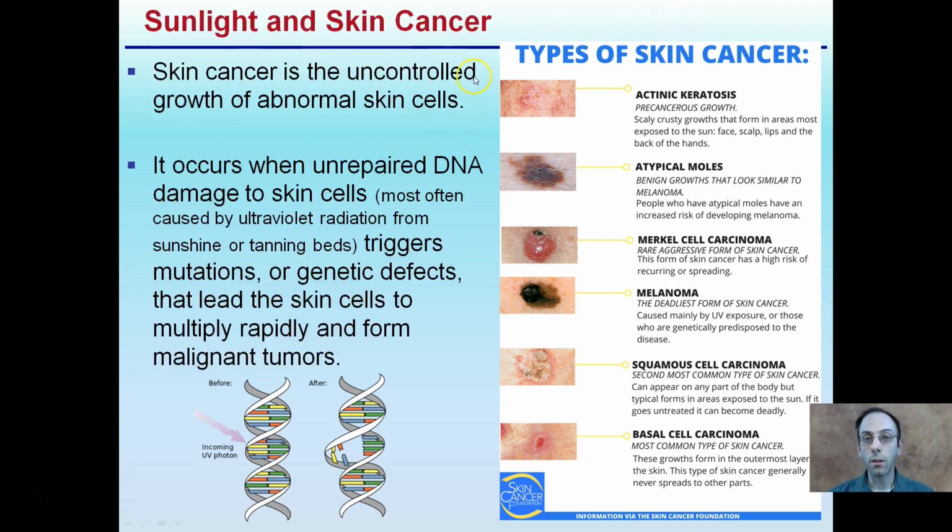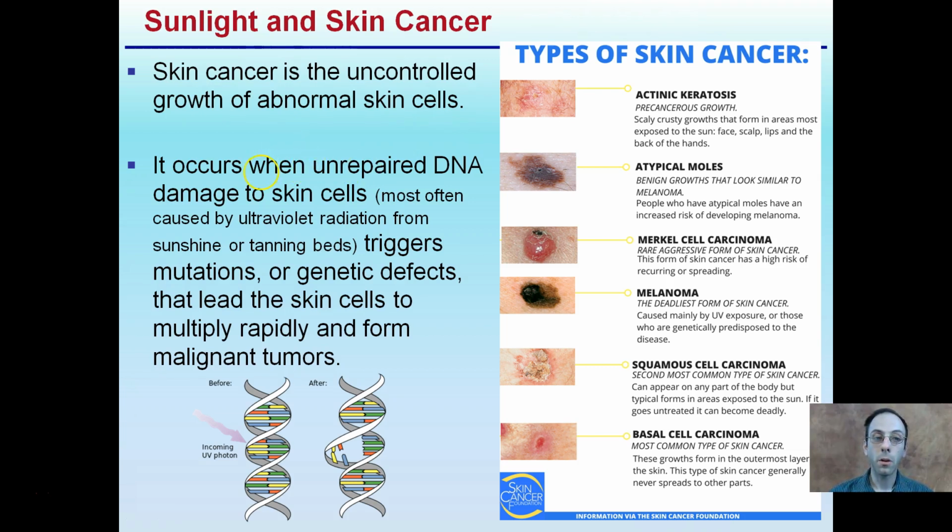Now, sunlight and skin cancer. So there's different types of skin cancer. Well, it's the broad category. You can see there's many different types of actual skin cancers. What skin cancer is in all these cases is uncontrolled growth of abnormal skin cells.